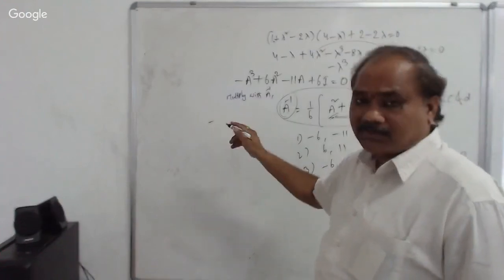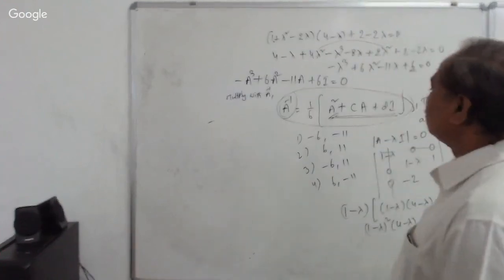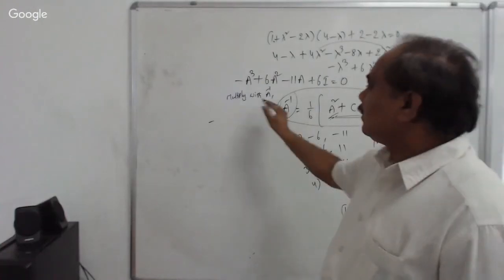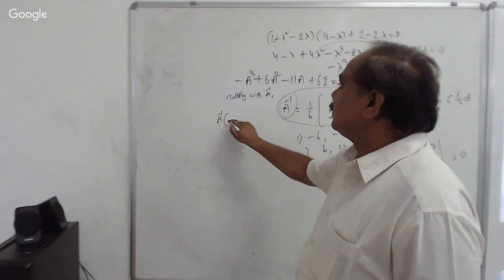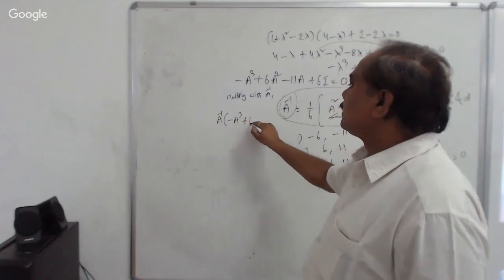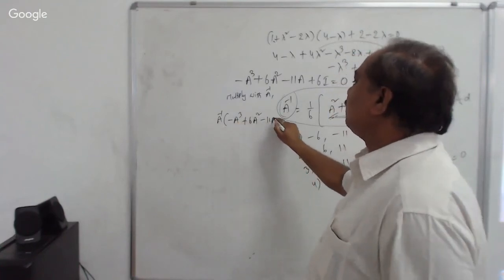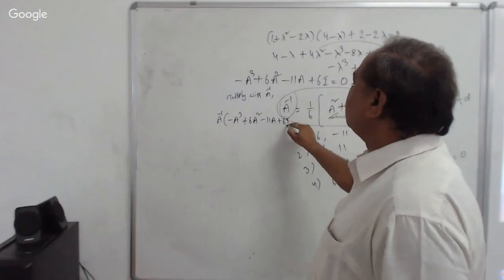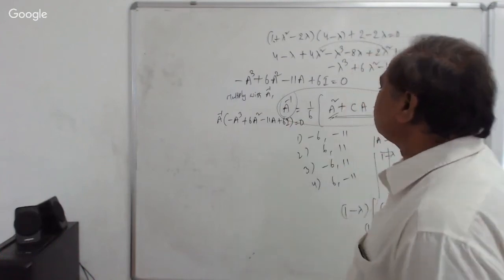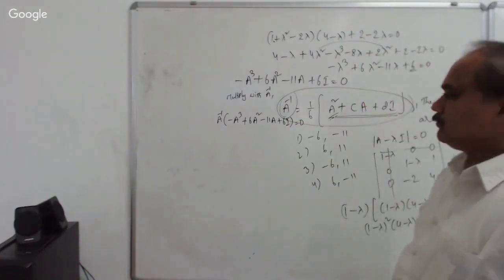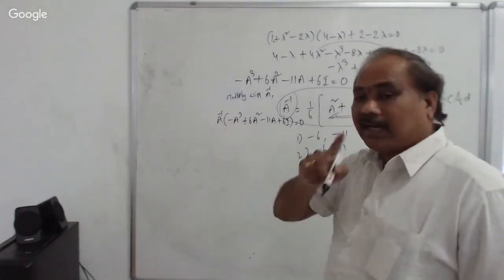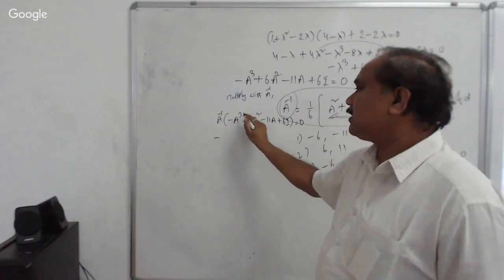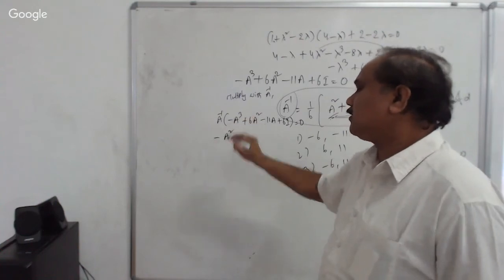For understanding, now minus A inverse into minus A cube plus 6A square minus 11A plus 6I equal to 0. A inverse into A cube means minus A square is remaining.